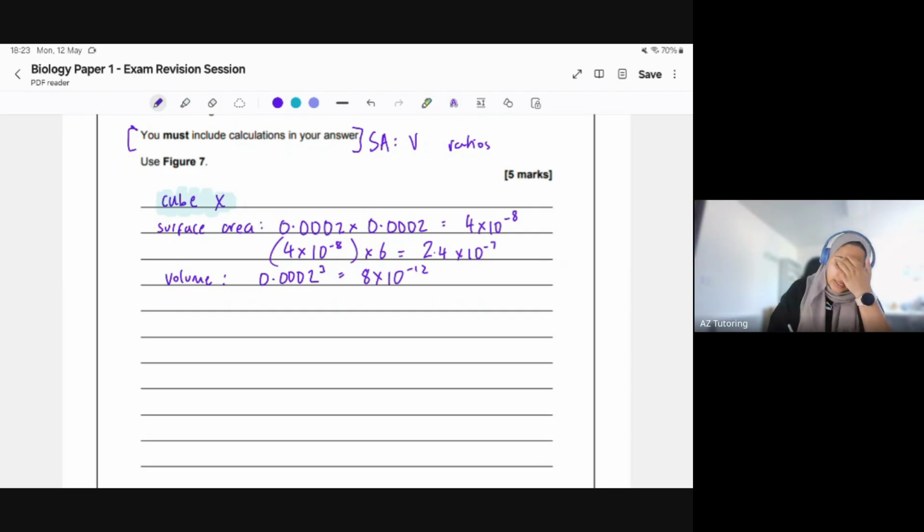So that's my surface area to volume ratio. It's 2.4 times 10 to the minus 7 to 8 times 10 to the minus 12. Okay, so we worked it out for X.